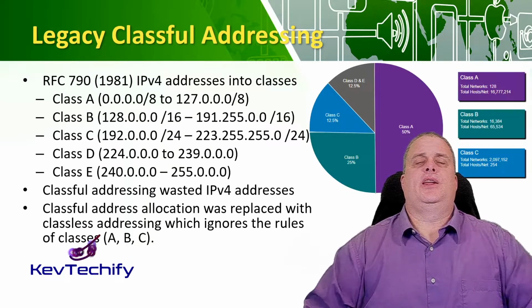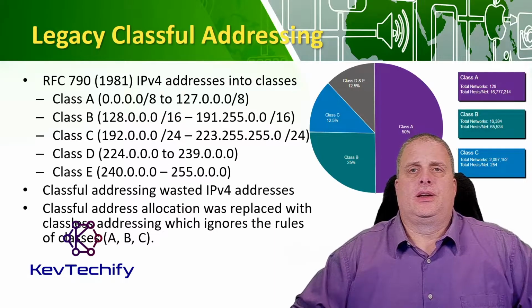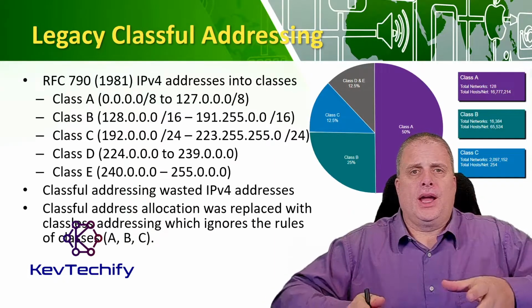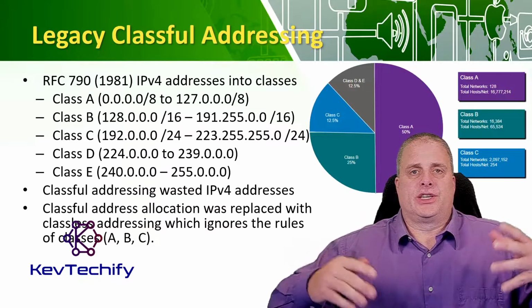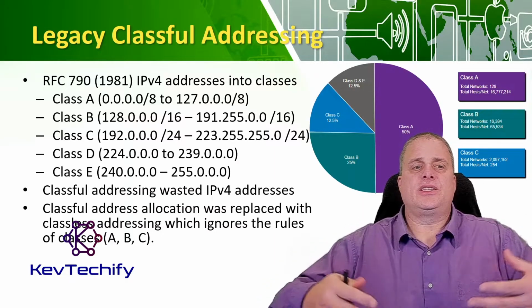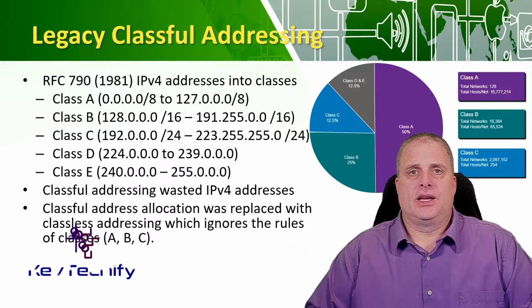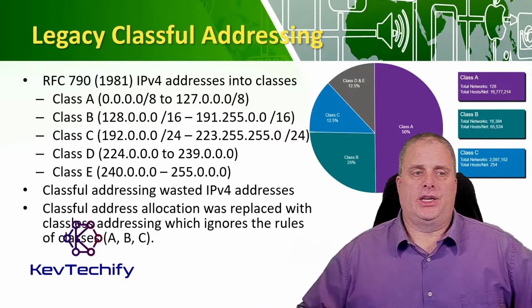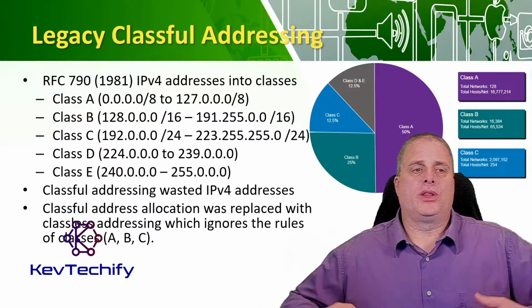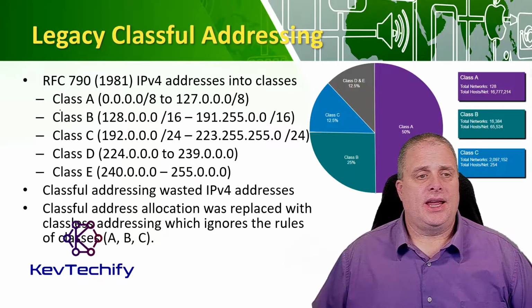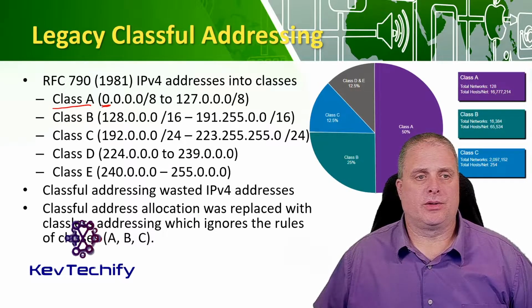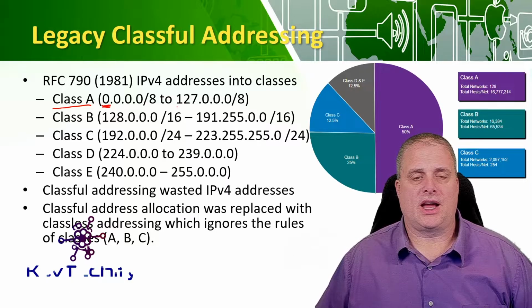Way back in 1981, an RFC was put forward, RFC 790, to break IPv4 addresses into classes. What these classes represent is the number of hosts and networks in a range. In a Class A address, the first octet has a range from 0 to 127.